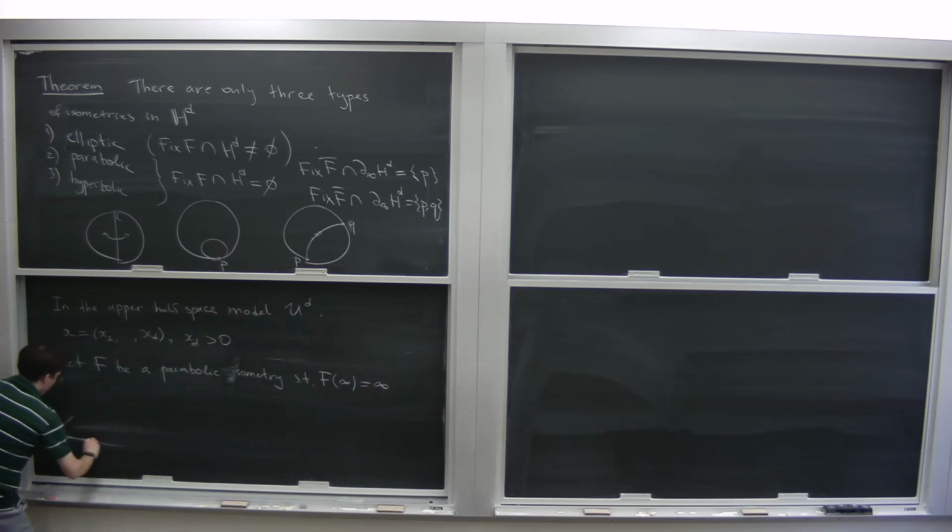Parabolic isometries are known to preserve the horospheres. So this is the infinity, this is 0.